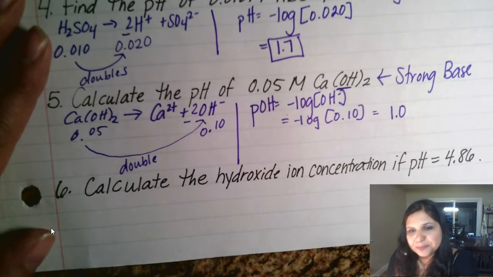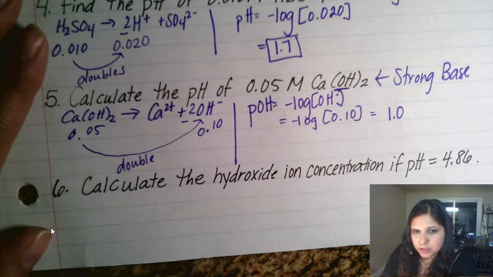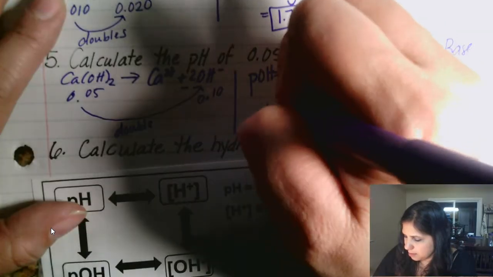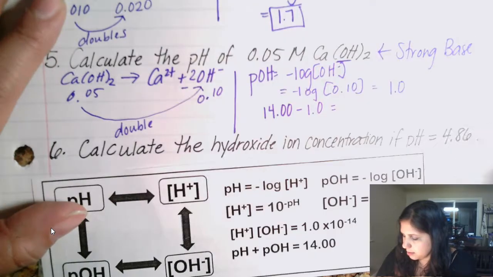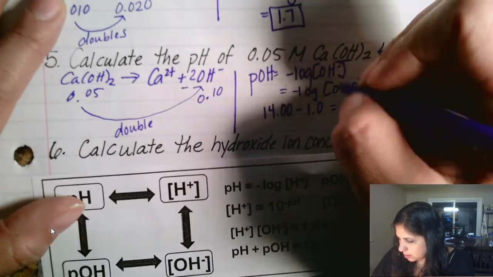That's 1.0. And then I want to find pH. Well, I know, let's go back to this. I've got the POH. To go from POH to pH, I know that pH plus POH is 14. So I can take 14 and I can subtract that 1.0, and I'll get that the pH is 13.